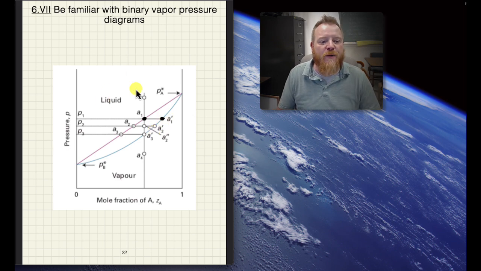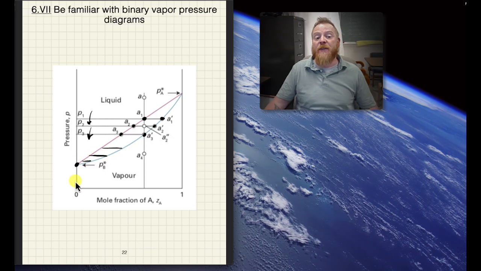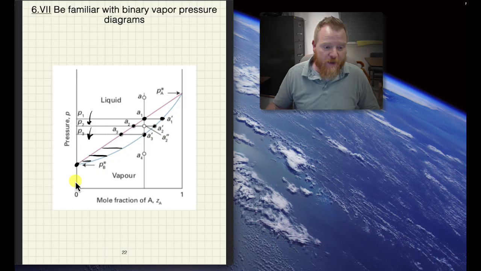And now, of course, if I were to pump on this material, so let's suppose I was boiling this stuff under vacuum, so doing vacuum distillation, as I continue to lower the pressure, I could continue to lower the amount of A in the vapor, right? And I could keep doing that all the way until I've completely distilled all of the A out of the mixture, and I'm left with pure B. So that's kind of cool.